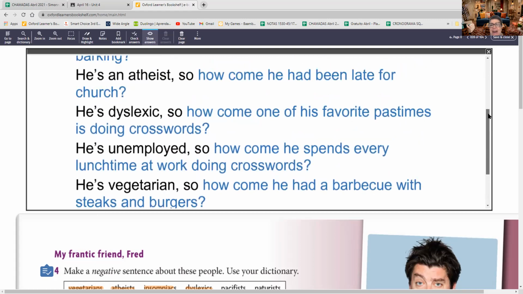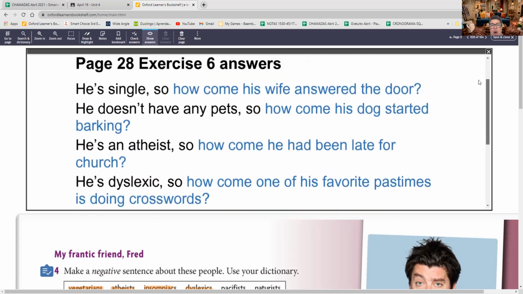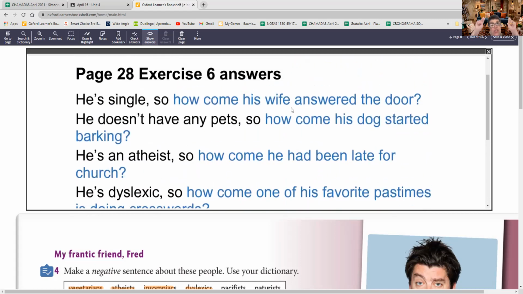So, okay, guys, did you get all of them? Yeah. And as you can observe here, all the questions with how come have a statement format. They don't have a question format. They have a statement format, affirmative or negative.